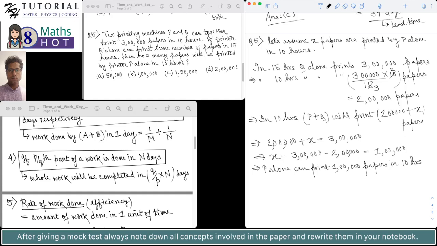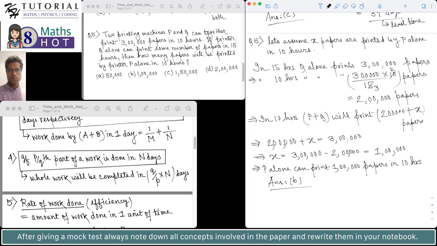I think the problem was solved using the basic concept of unitary method. Not much concept of time and work was used anyway. So the correct choice is choice B. B is the correct choice.